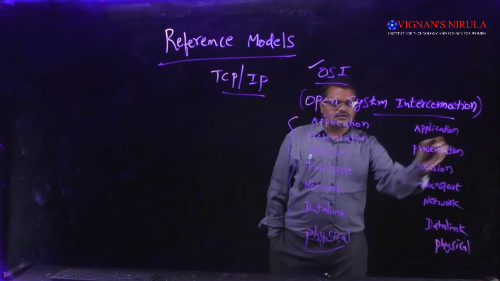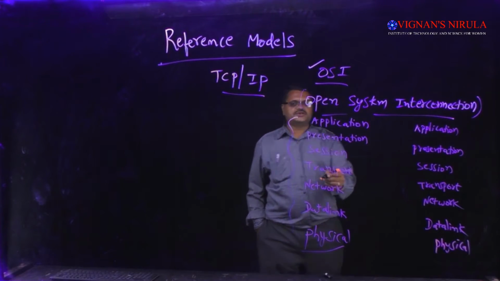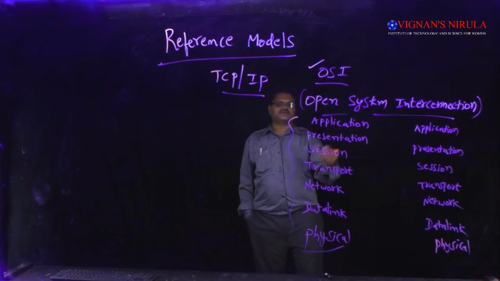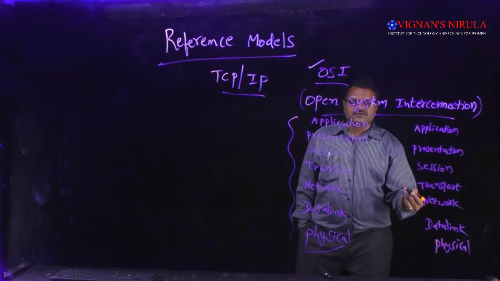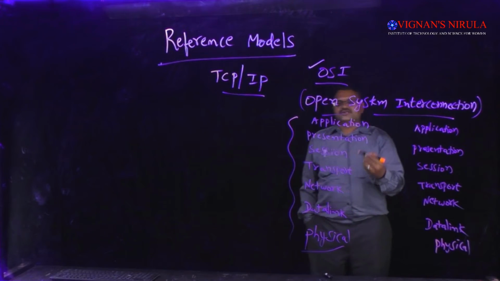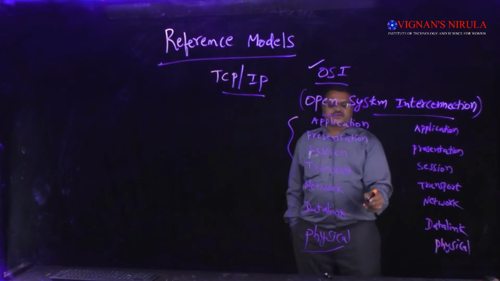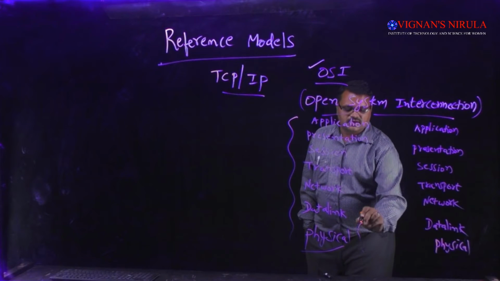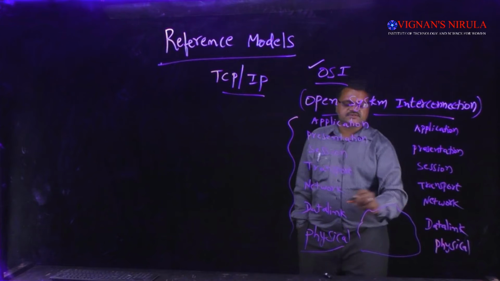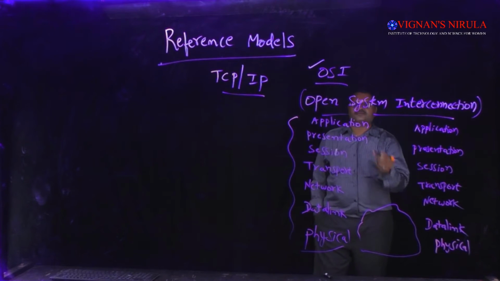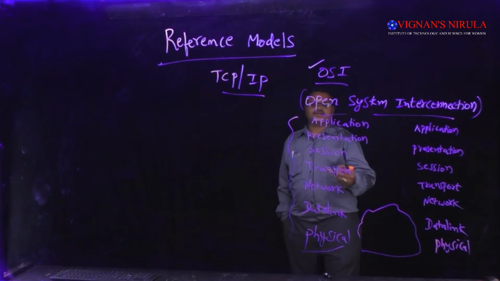If you transmit bit 1 from the sender, the receiver should receive bit 1 at the receiving side. Similarly, if you transfer bit 0, the receiver should receive bit 0. So this is the physical layer from the sender to the receiver.